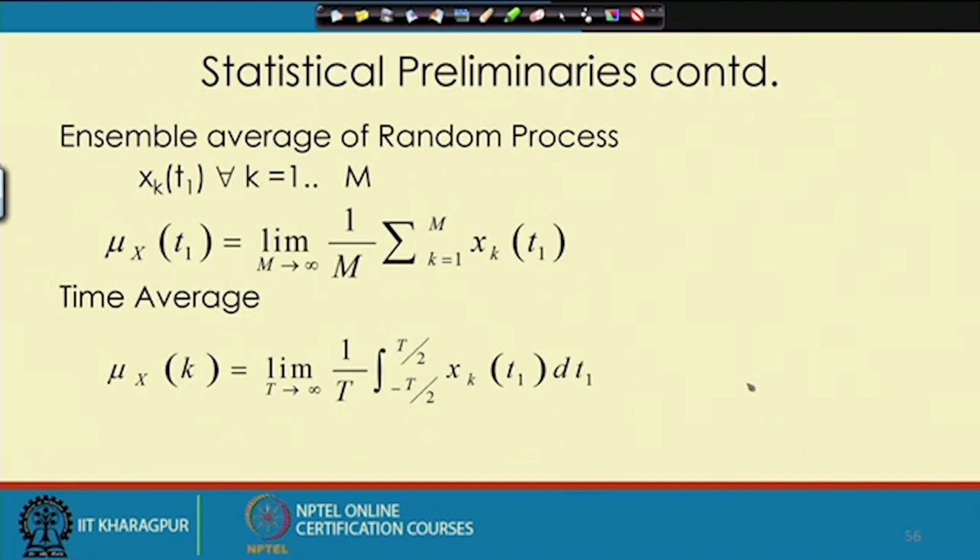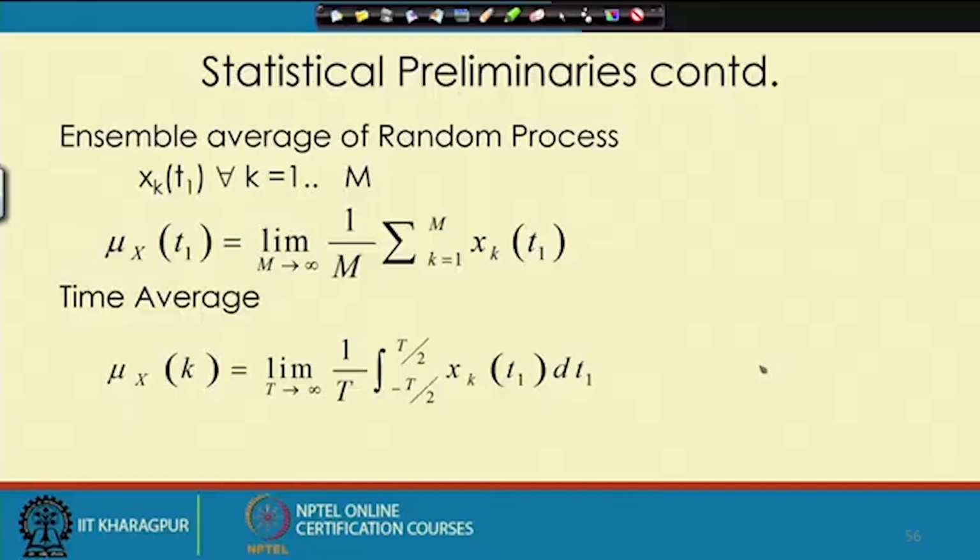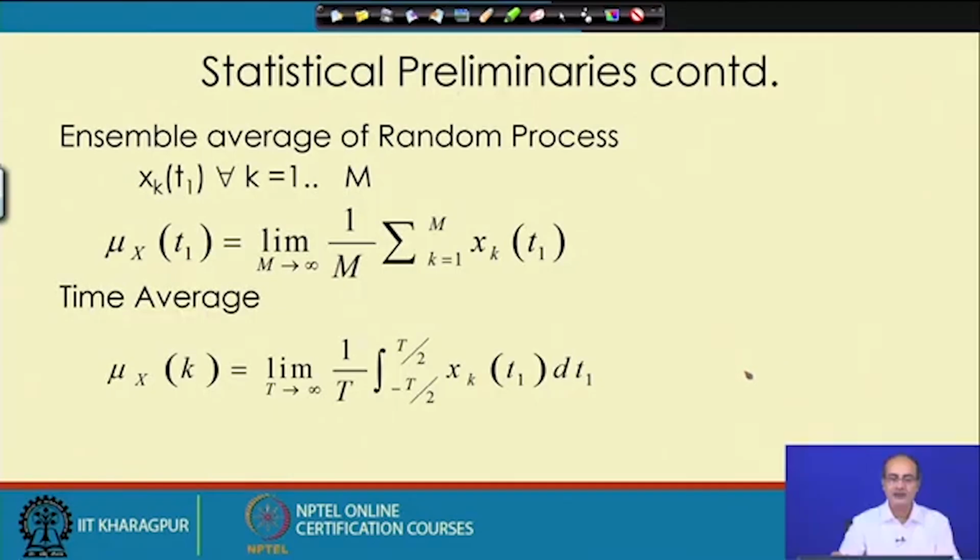In case of a random process or a stochastic process, we can take that there are two variables. One is the ensemble or random variable, another is the time. The two aspects are there.